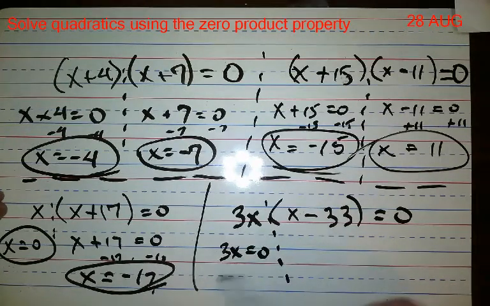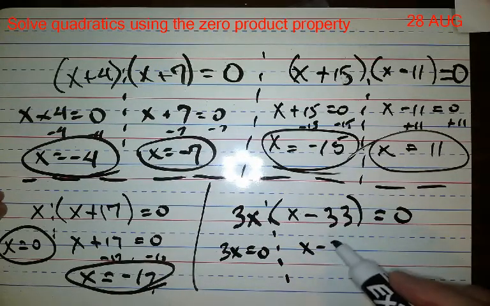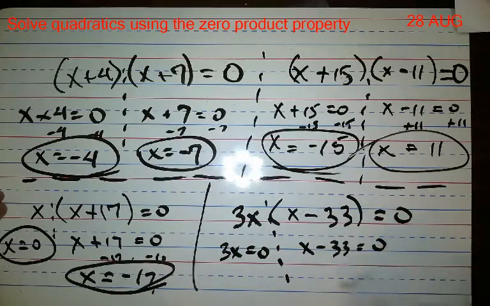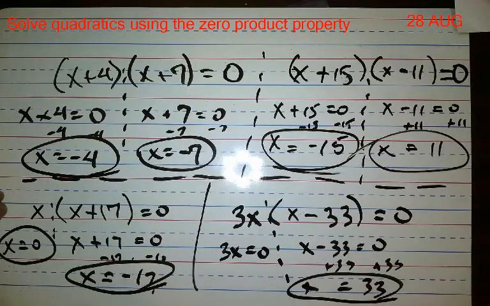The first half has to equal 0, or the second half has to equal 0. So if I add 33, look what I get. X is 33. That's one of the answers. And then if I divide by 3, x still equals 0.